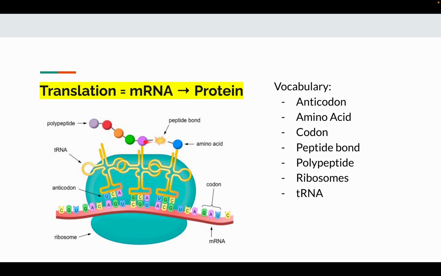And these amino acids bond to each other into a polypeptide, and the bond between them is called a peptide bond. And so codon matches up to anticodon. Anticodon releases amino acid, and amino acid forms polypeptide with peptide bond. And polypeptides fold up into proteins.